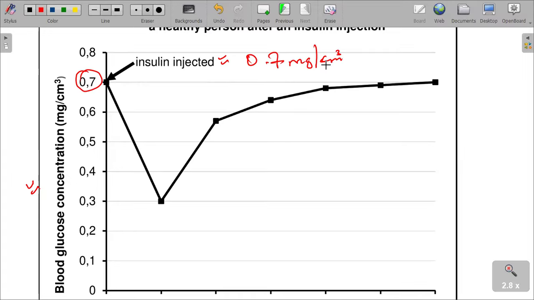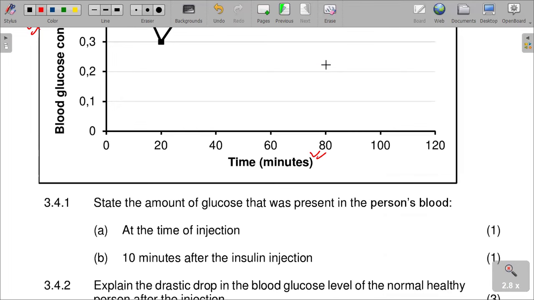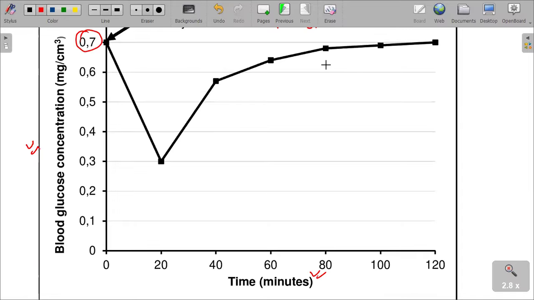The time of injection is shown on the graph here as 0.7 milligrams. And then 10 minutes after the insulin injection. Because our time is going like this, 10 minutes is at the half mark of this, so we can go up and see.